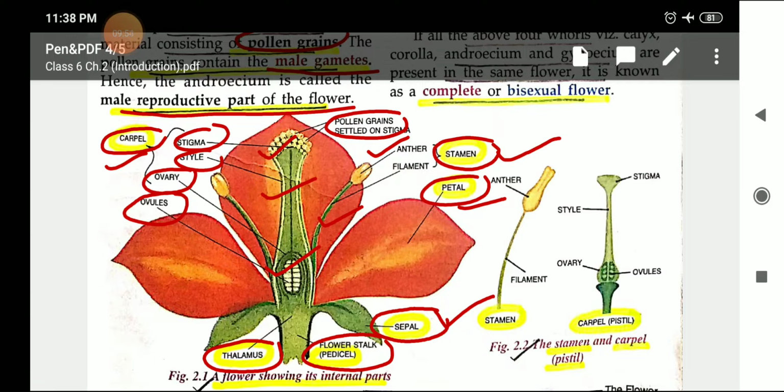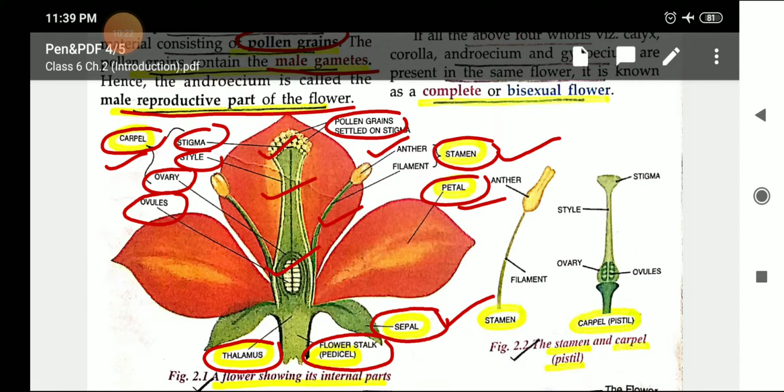Then the colorful part, the second inner whorl, petal, singular petal, plural corolla. Then the third whorl, that is stamen, singular stamen, plural androecium, which is also known as the male reproductive part of the flower, which further is made up of filament and anther.